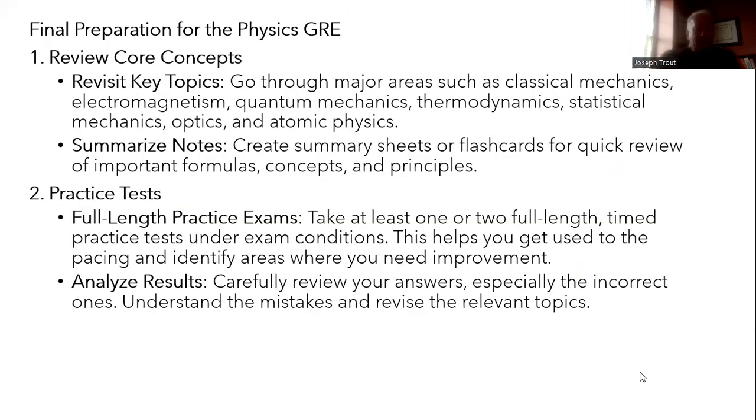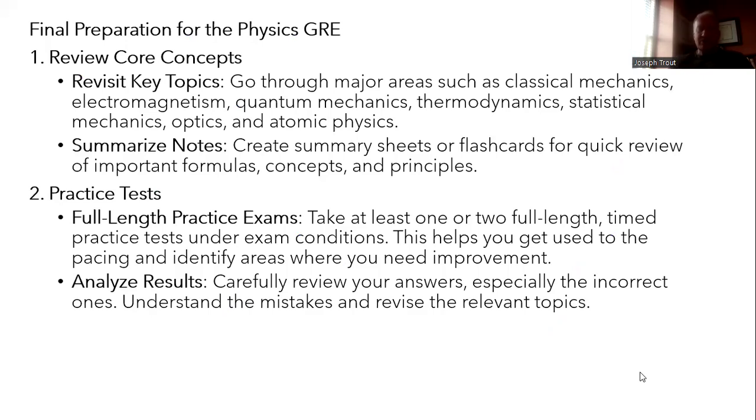So for the final preparation, once again, I'm talking about the physics graduate record exams, but these are really tips for any exam. First, review the core concepts. So revisit key ideas, go through the main areas such as classical mechanics, electromagnetism, quantum mechanics, thermodynamics, statistical mechanics, optics, and atomic physics.